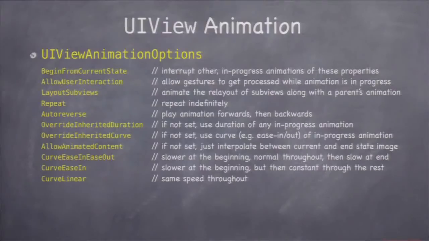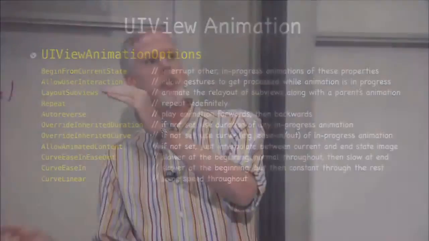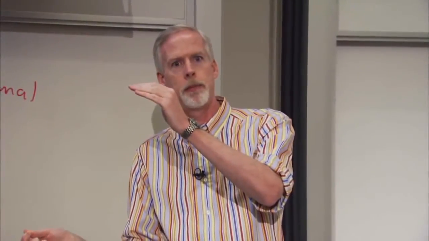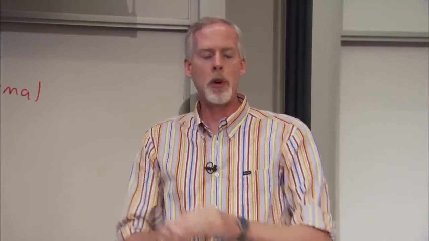So if I'm doing that alpha thing and it's fading down and it's down to 0.2 or something, and then I issue another animation to start that goes up to 0.7 alpha, if I have begin from current state option on, then it'll start at 0.2 and go up to 0.7. If I don't have this on, it'll start at 0 because 0 is what the real alpha is and go up to 0.7. So begin from current state is a way of intercepting other animations in mid-flight.